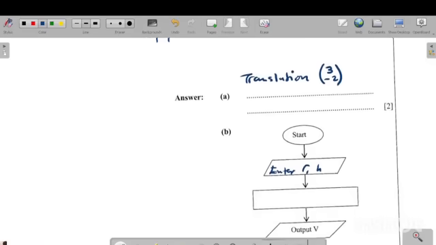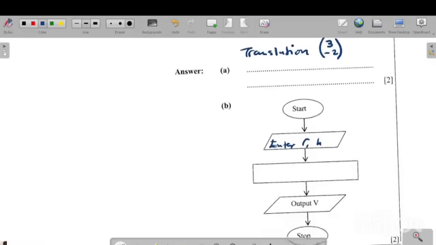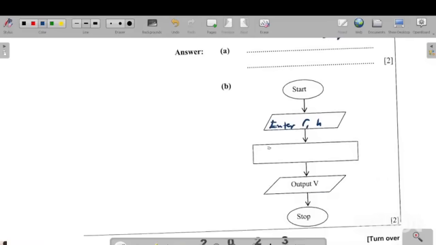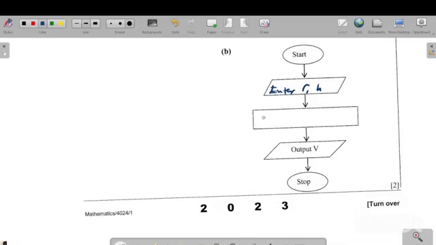Okay? Now, the next thing that you are going to write is the formula itself here.